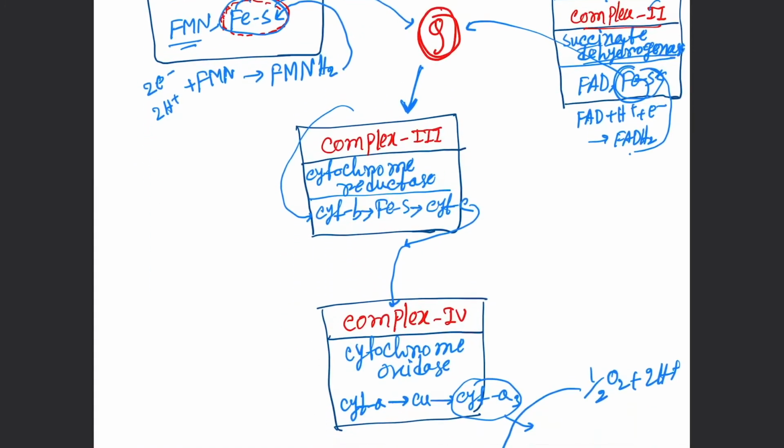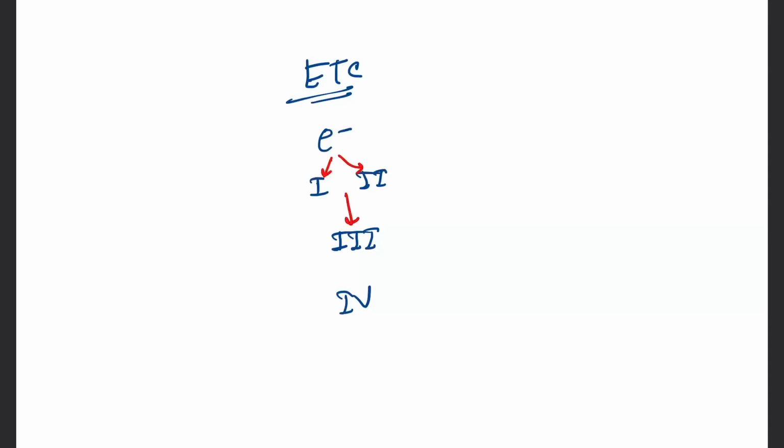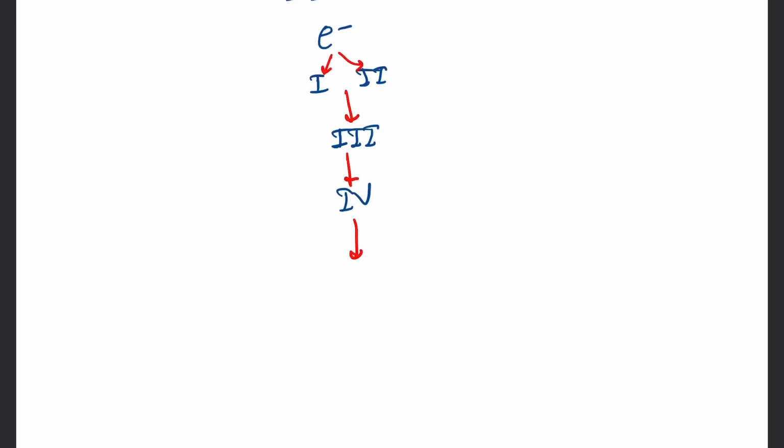Now in this electron transport chain, let's take complex 1, 2, 3, 4. So electron is getting transferred through a chain, and it is finally forming H2O.